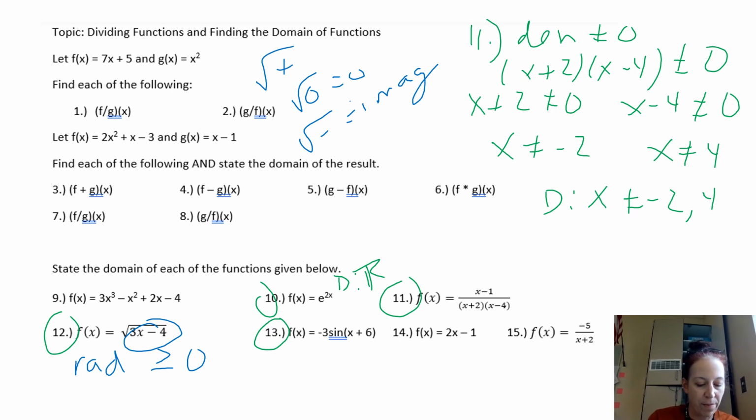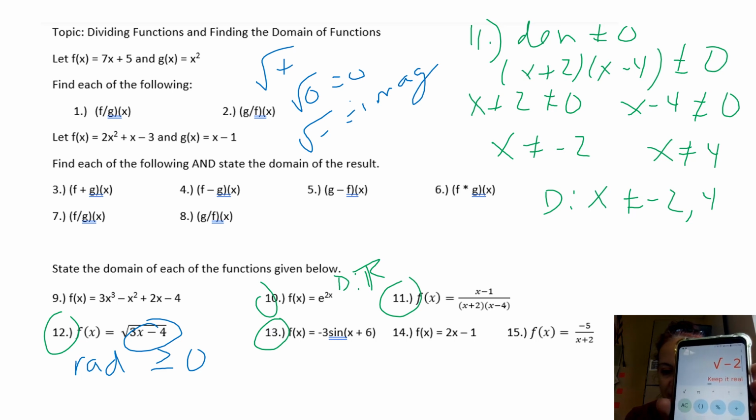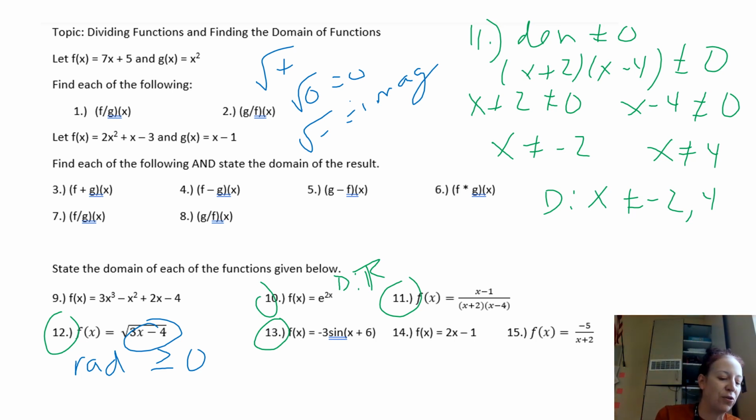So I'll open up my calculator again. If I do the square root of negative 2, my phone says keep it real. It turns red, and it's basically telling me that as soon as I have that negative there, I have some kind of imaginary number.